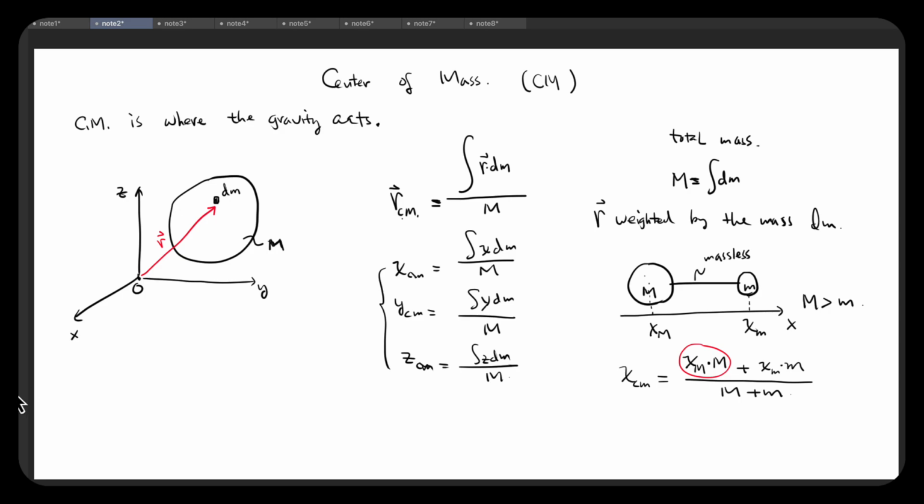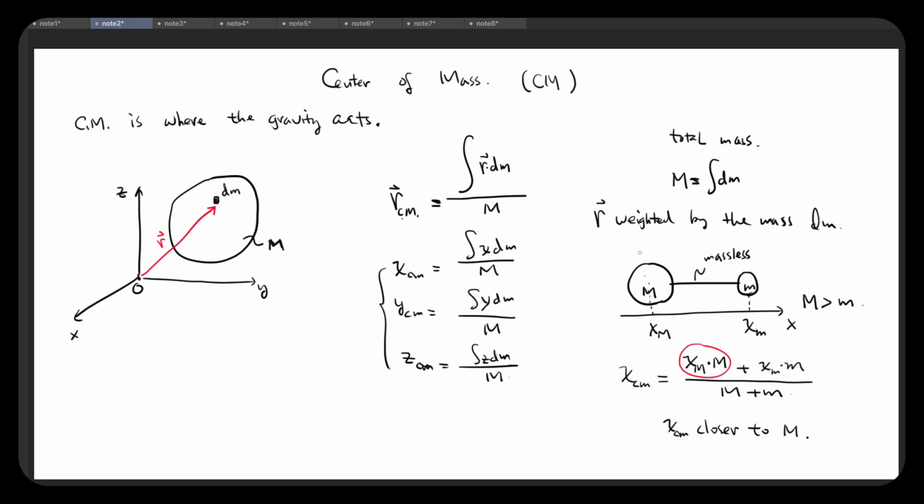So in terms of the distance between the center of mass and big M and little m, the center of mass position is closer to big M. In other words, you can say the center of mass is closer to the heavier side.